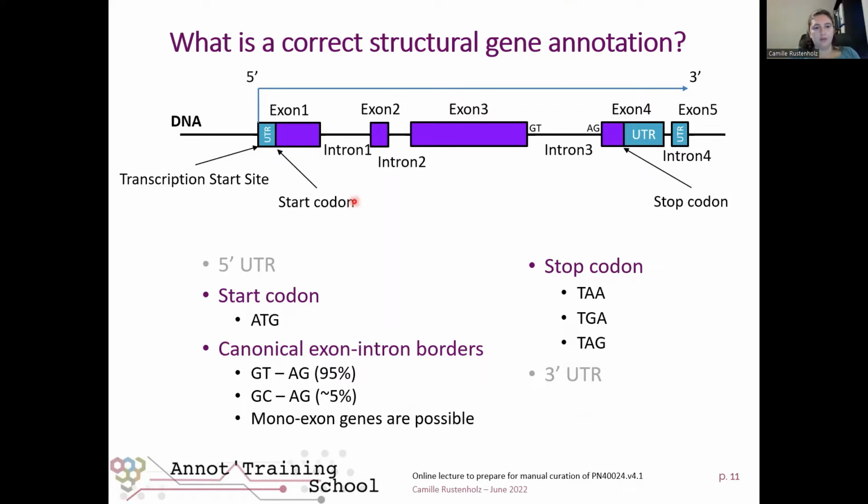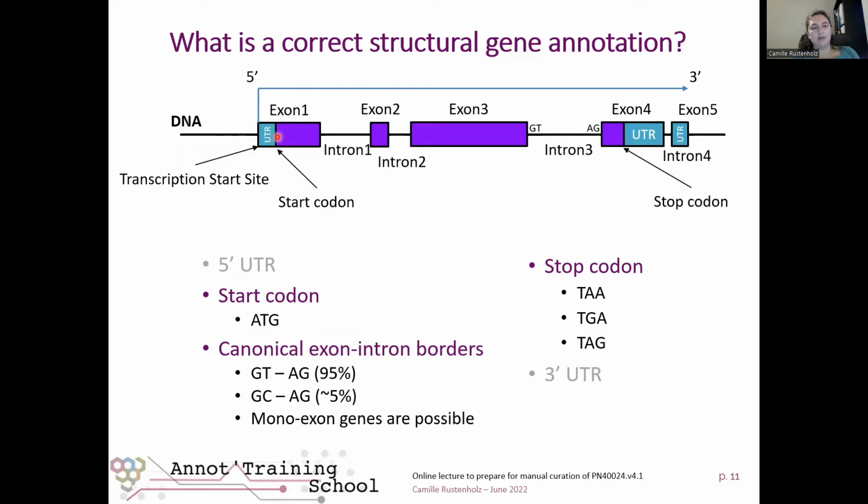You have here a scheme of a gene. You can find here 5 different exons, and they are split by 4 introns. Everything starts at the 5' end with the transcription start site. The start codon may occur later, which defines, between the transcription start site and the start codon, the UTR, the untranslated region, here a 5' untranslated region.